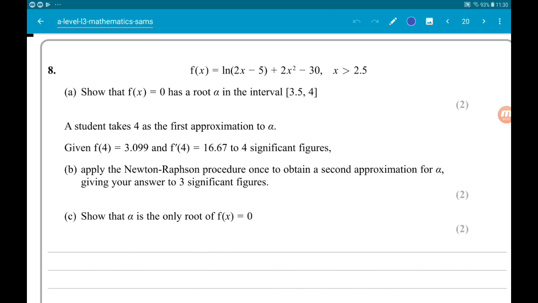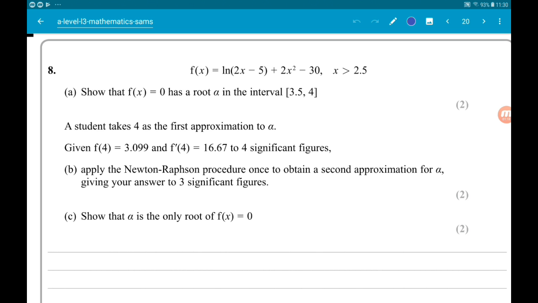The first thing we need to mention is that in the interval f of x is continuous. The only problem would come in if x was 2.5 or less, because then the thing in the log would be negative. For values of x greater than 2.5, there's no problem.